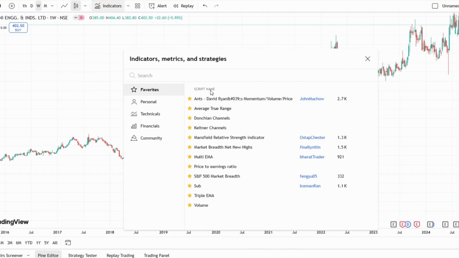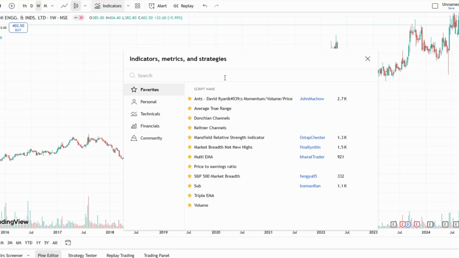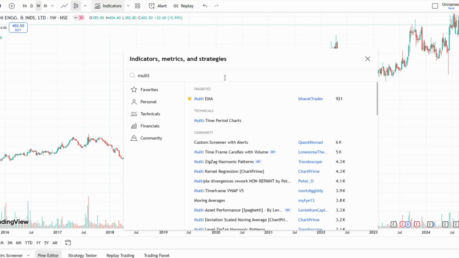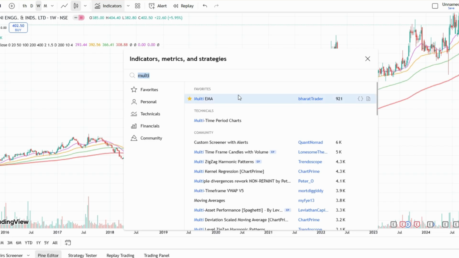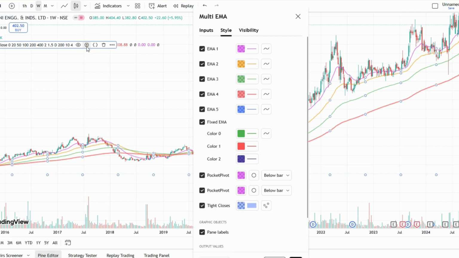First I will add volume here. Just search for volume in the indicator section. A basic volume will be enough. Once the volume is added, I will look for multi EMA. Okay, multi EMA, or you can use even a single EMA also. I'm using this multi EMA because you can use any number of 3 to 4 EMAs in one indicator, but for Stan's framework we have to use only one EMA.